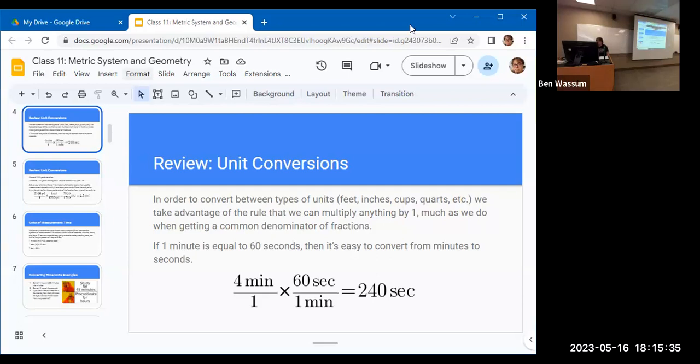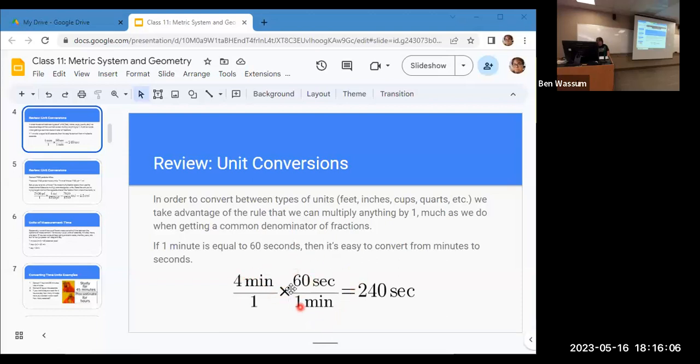See, where's this thing? There we go. So for instance, if you're converting minutes to seconds, you have 4 minutes, you put it over a 1. So you always put your initial units over a 1. That way, since everything's going to be in fraction form, it's just going to make things simpler to look at. And then we have to multiply by a conversion factor. So we're going from minutes to seconds.